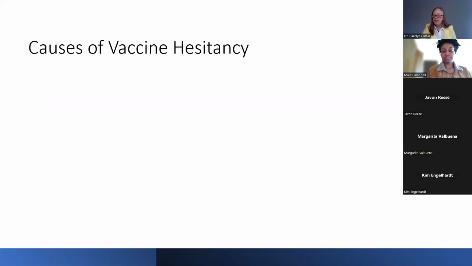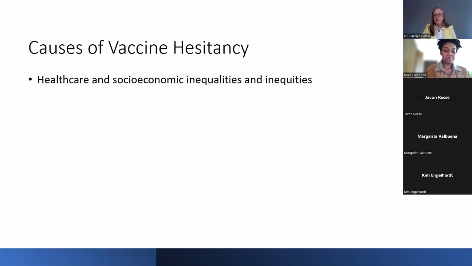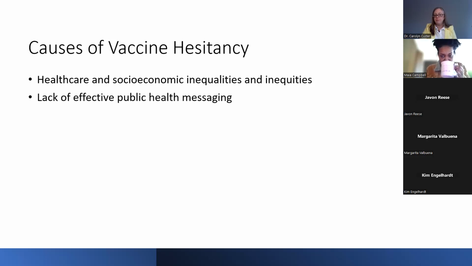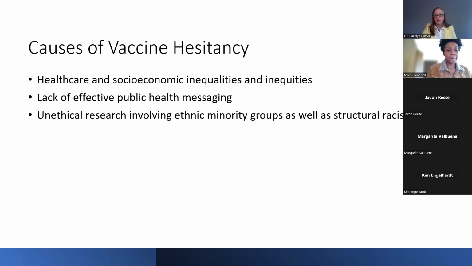So causes of vaccine hesitancy. This is what we've been talking about this whole time. A lot of these. So healthcare and socioeconomic inequalities and inequities, right? Mistrust of the healthcare system. Lack of effective public health messaging or confusing messaging, like we talked about. A history of unethical research involving ethnic minority groups.